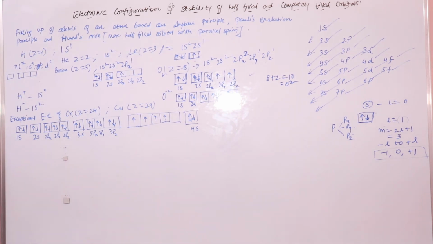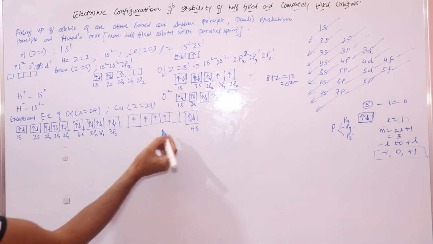Now what is the exception here, right? This is the normal configuration, this is how we write the normal configuration. As per the exceptional configuration, an electron from 4s will shift to the d orbital of chromium, right?